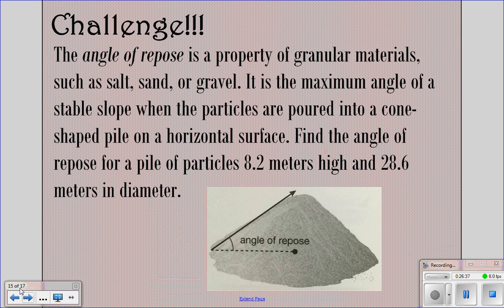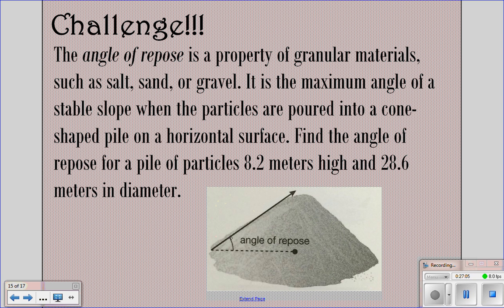Looking at the challenge question, it tells us the angle of repose is a property of granular materials such as salt, sand, gravel. You can also think of flour, sugar, baking soda, cornstarch, cornmeal, anything like that. It's the maximum angle of a stable slope when the particles are poured into a cone-shaped pile on a horizontal surface. So we want to find the angle of repose.